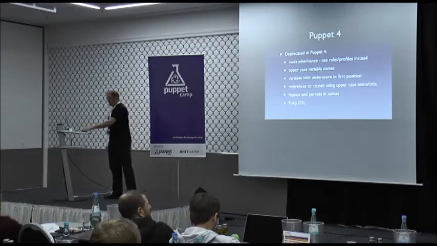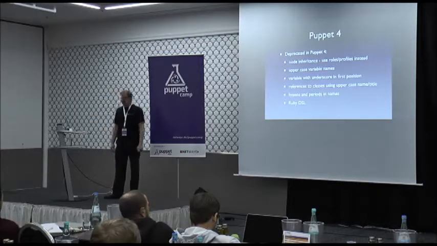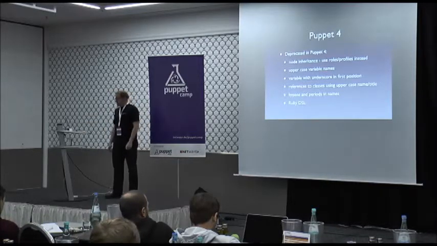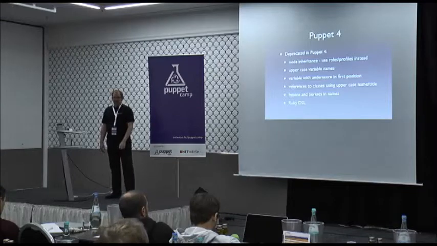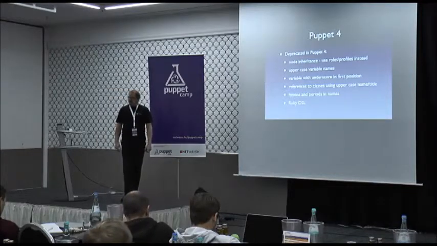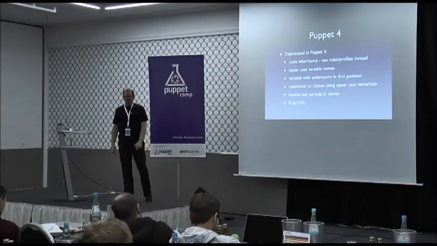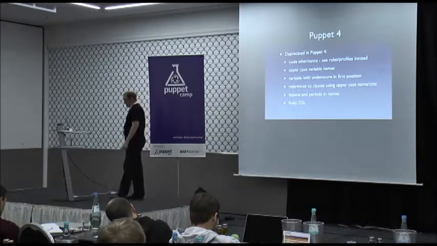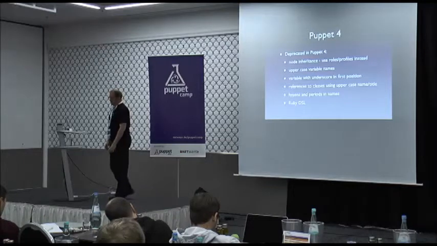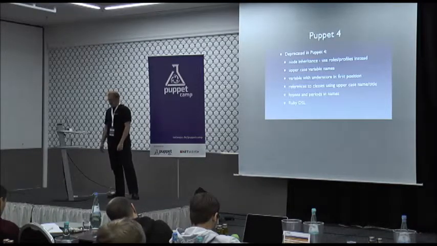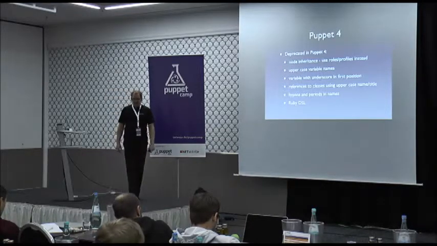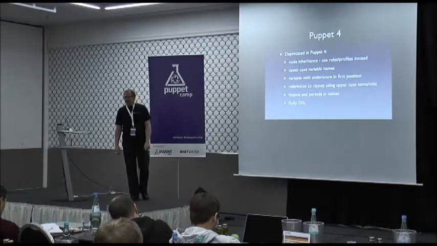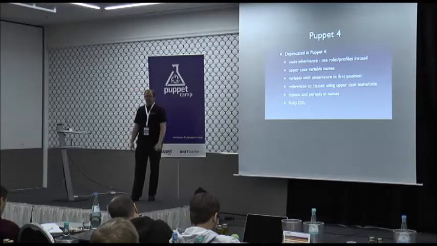Okay, yeah, you would have to change your node classification prior to using Puppet 4. Node inheritance will no longer work. Why? The best practices have changed. Nowadays, everybody says, hey, use roles and profiles instead, and use the manifest directory configuration directive.